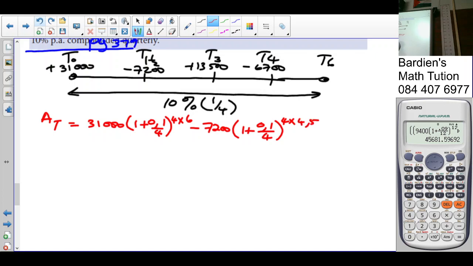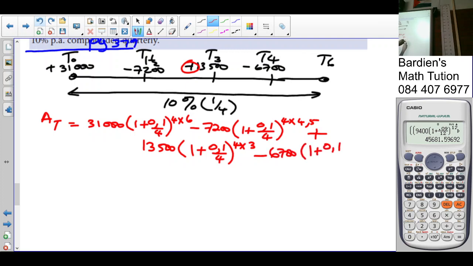Then what do I write? Plus what? 13,500 into 1 plus 0.1 over 4 to the exponent 4 times 3. Carry on. Minus 6,700 into 1 plus 0.1 over 4 to the exponent 4 times 2.